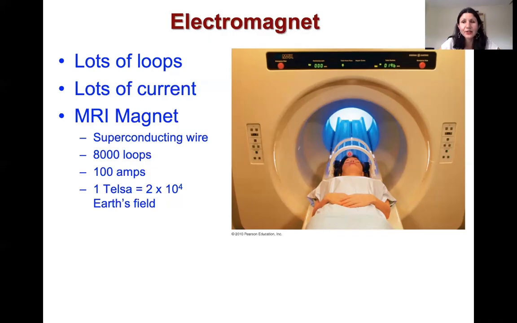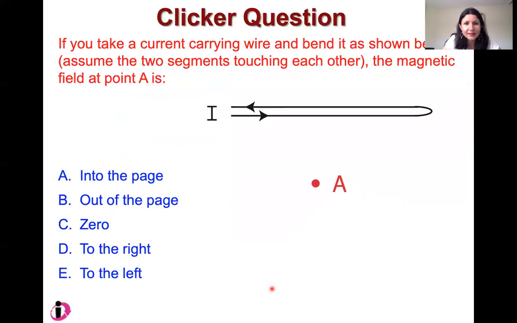It gets more complicated than that, exactly how that eventually gives you an image of what's going on inside. But that's what gives us an image of inside of your body. So, one big solenoid. All right.